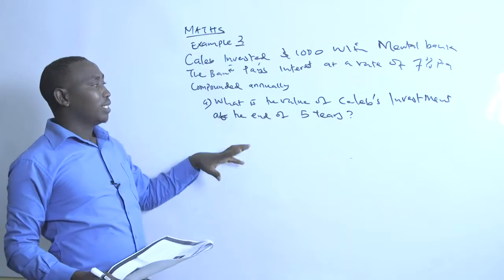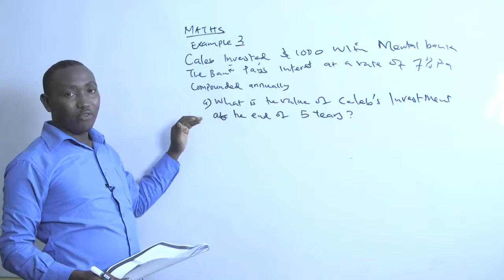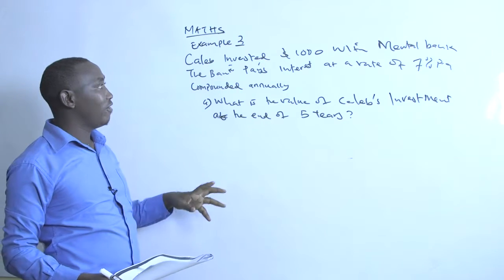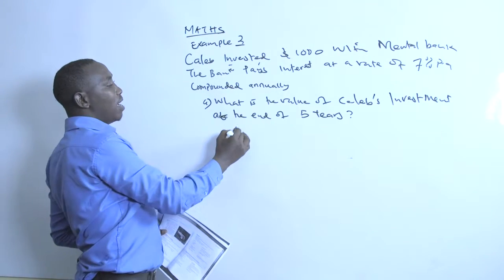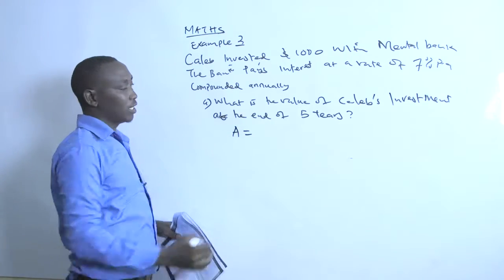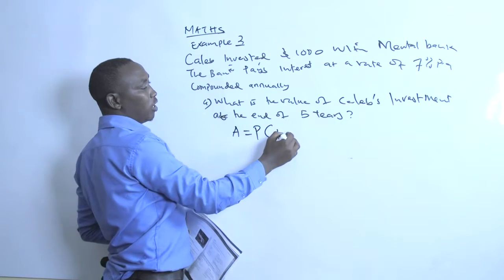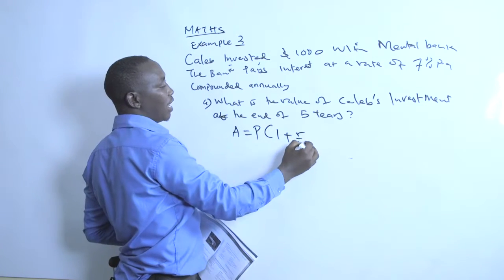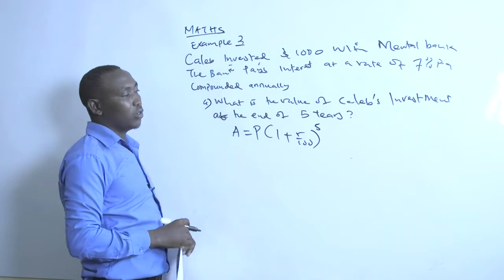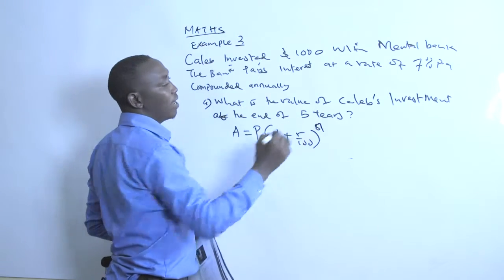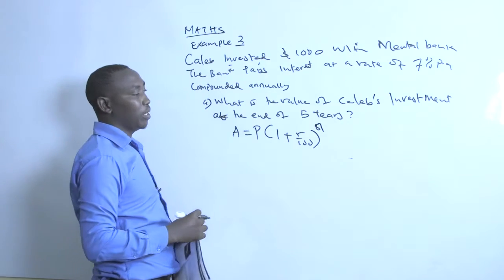For us to be able to calculate the amount available for Caleb at the end of the 5 years, we have said we're going to use the compound interest formula that says that amount is given by principal multiplied by 1 plus the rate as a decimal raised to n, where n refers to the number of interest periods.